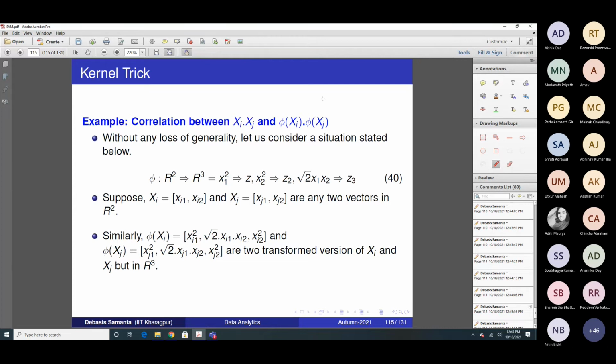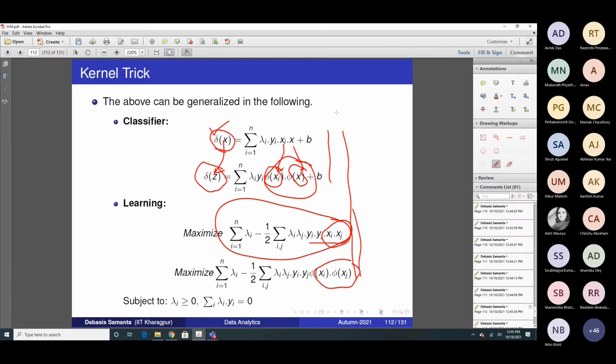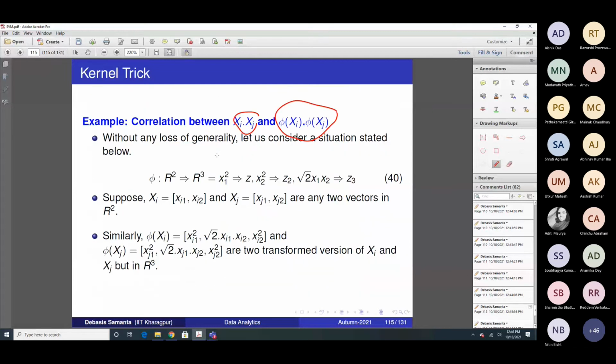As you see here, xi dot xj and phi xi dot phi xj, which we have used here, are equivalent. Then we can understand that if this gives a decision, this also will give the equivalent decision. Now let's see how this works. Here from R2 to R3, this is the transformation that we have used.